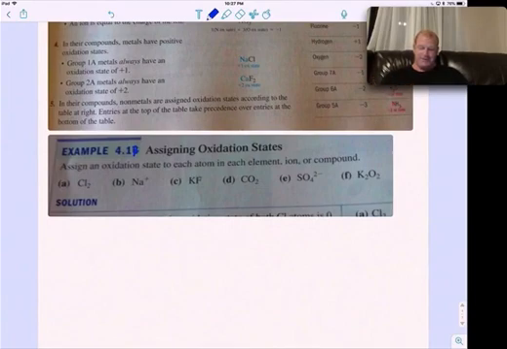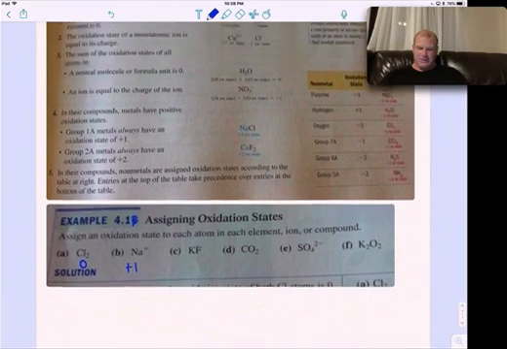So chlorine. Chlorine is a free element. Its oxidation state is 0. Sodium, next one, B, sodium +1. This means that it's a monatomic ion. This oxidation state is +1. Potassium fluoride. So we go down the list.